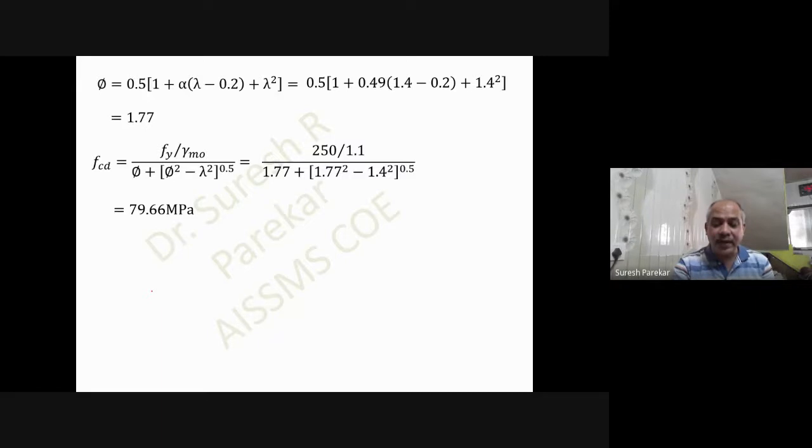Knowing this, we will go for Pd equal to Ae into fcd. Again, I need not decide the class, that is class 1, 2, 3, 4, depending upon the width to thickness ratio, because we already know this is semi-compact class, and therefore my Ae equal to A, and we have this strength as 131.44 kilonewton.